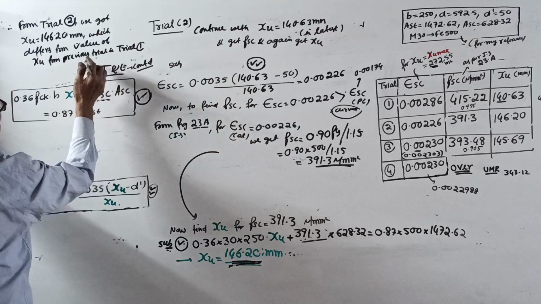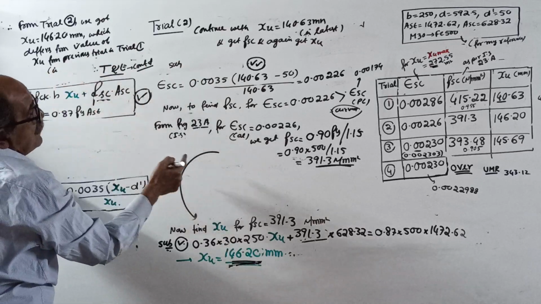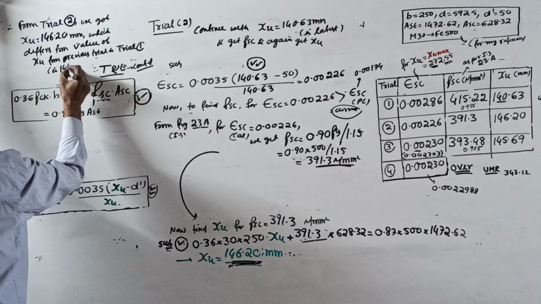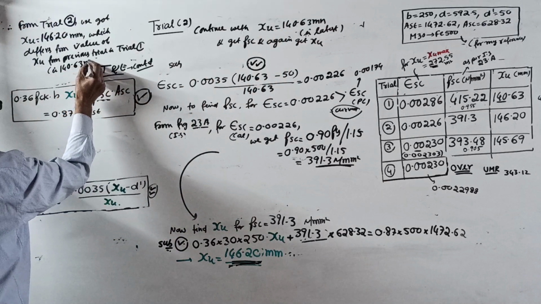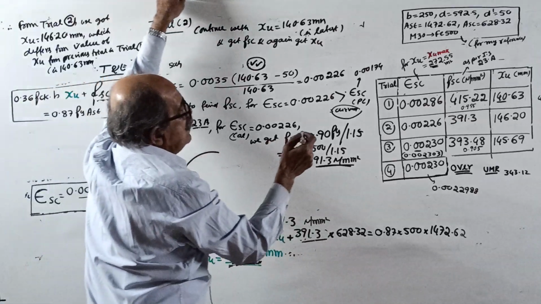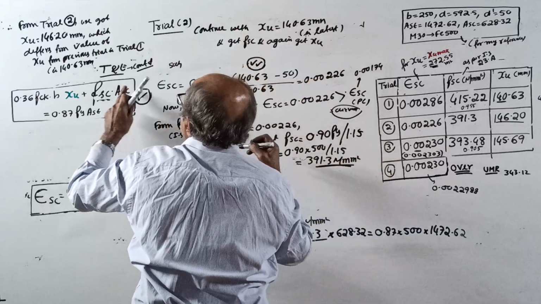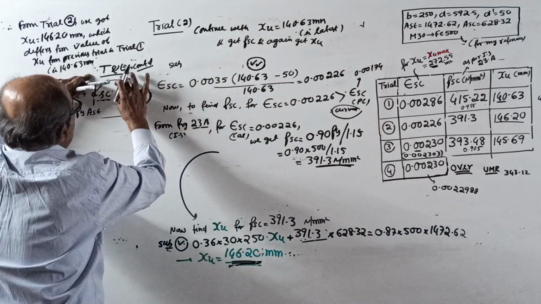How much is the previous value of xu? You can see here 140.63 millimeter. You took 140.63, it now changed over to 146.2. Therefore, trial and error, right?